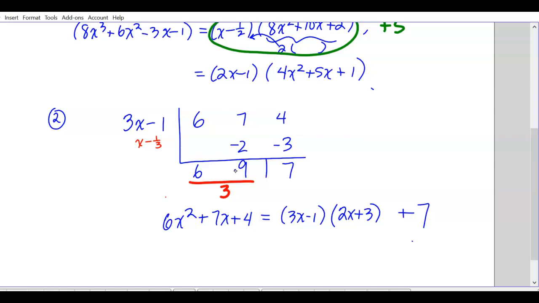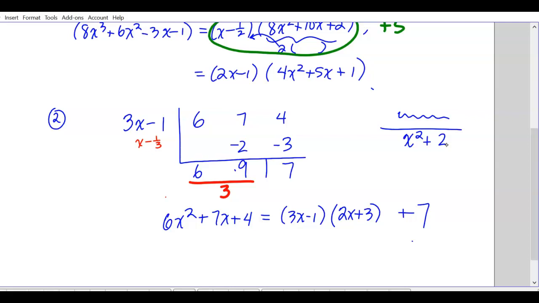And then the last thing to note is if you're dividing by, say I have some polynomial divided by x squared plus 2. Well, x squared plus 2 is a binomial, but it's not a degree 1 binomial.